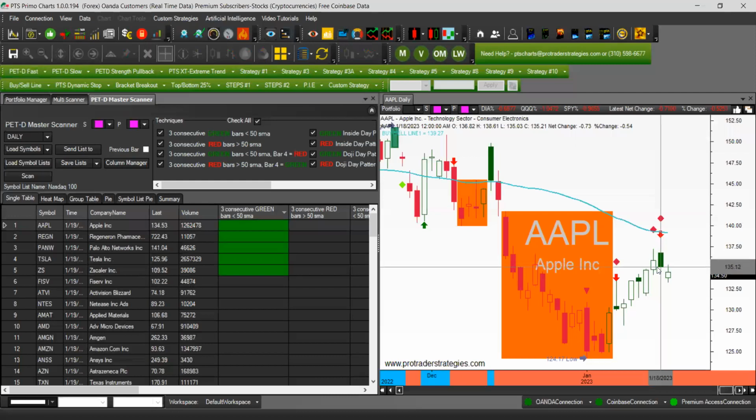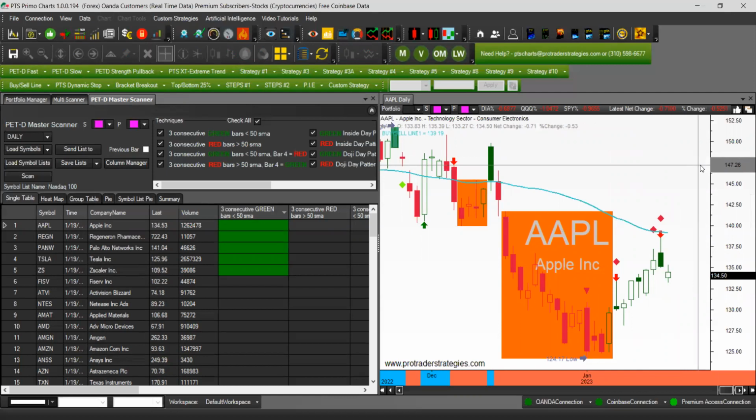This is one of the symbols that have 3 consecutive bars colored in green and that are below the 50-day moving average. As you know, or if you don't know, the PETD is an early trend indicator. It means that it's going to show you changes in the trend before the price moves above the 50-day moving average.